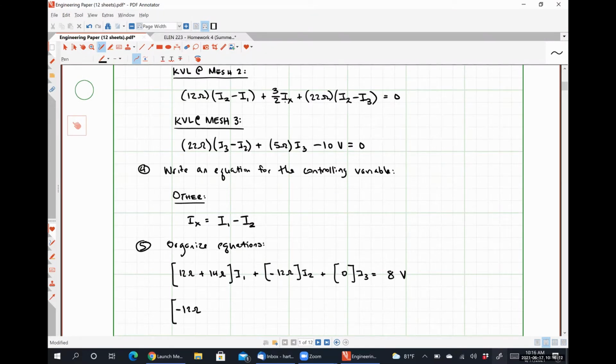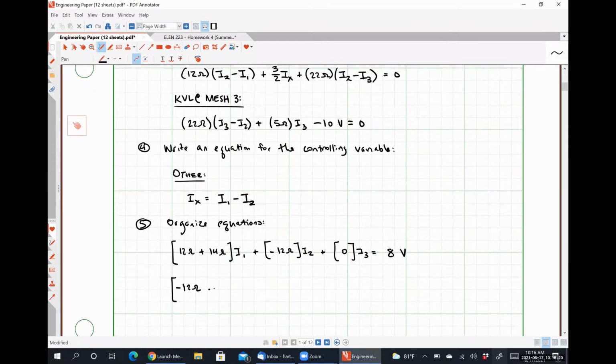So we're also going to have a coefficient of positive 3/2. And because this is a voltage representing a current controlled voltage source, this is going to have units of volts per amp, which is the same thing as an ohm. So it's going to get multiplied by I1.